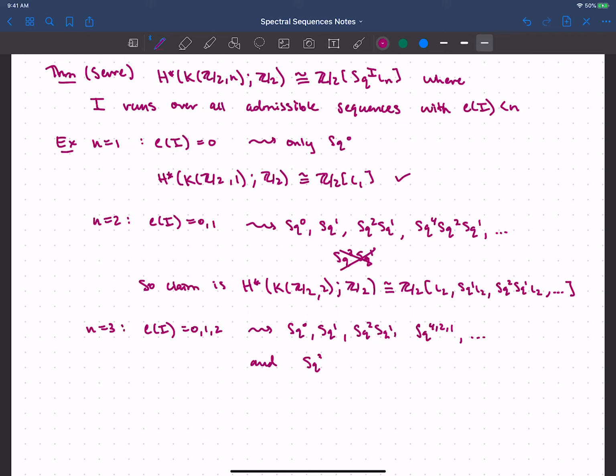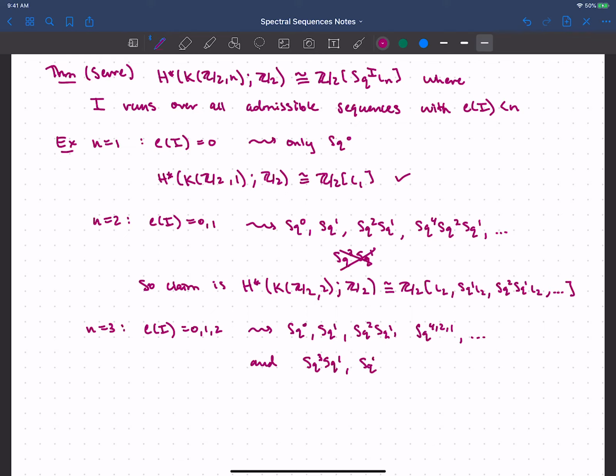And now it can be a little confusing because remember, we can write Sq 3 as Sq 1 Sq 2, but if we want it to be an admissible sequence, then we don't, right? Sq 1 Sq 2 is not admissible, and the Adem relation tells you it's Sq 3, okay? But Sq 3 is not admissible on that side. It's only by accident that it ends up on the right hand side of the Adem relation. Okay, so Sq 3 Sq 1, we've got 3 minus 1. Yep, that had excess 2. We saw that last time.